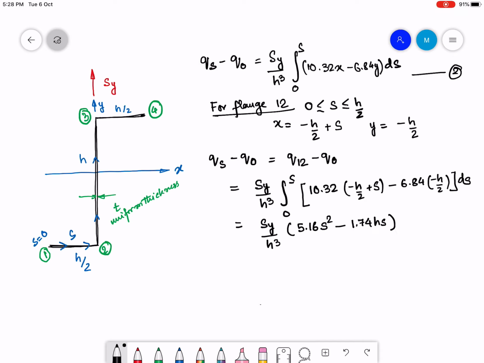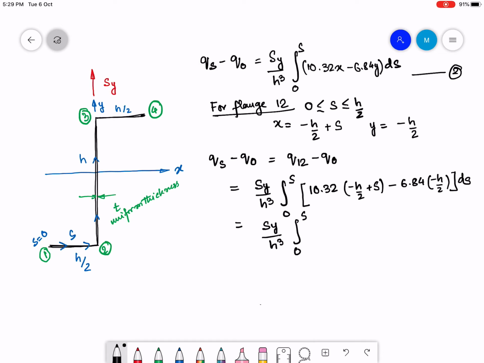If I evaluate this integral and substitute, I had better not skip this intermediate step. Let me write it down. So if I evaluate this integral, this is going to be sy by h cube into 10.3 plus 6.84, from 0 to s.